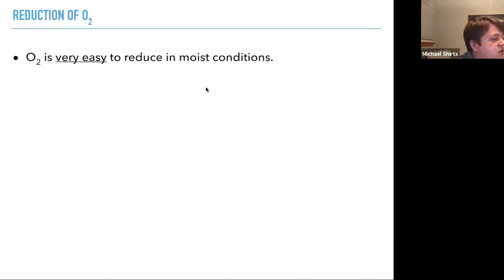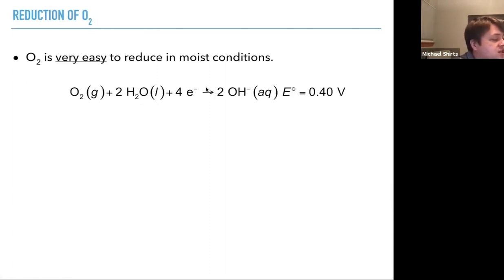So, reduction of O2. Oxygen is very easy to reduce in moist conditions. Here oxygen is in the oxidation state of 0, and we reduce it down to an oxidation state of -2. So if we have O2 plus 2H2O plus 4 electrons, if you just look up the tables, you would see that that has a standard potential of 0.4 volts.